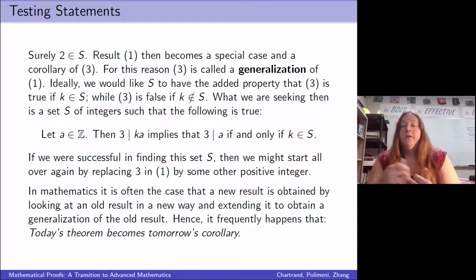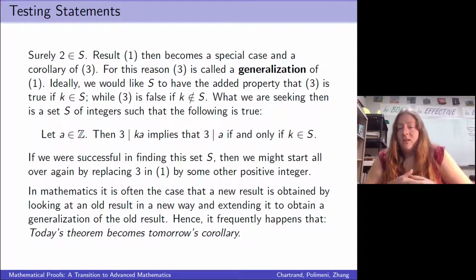And in doing so, what I will have accomplished is a generalization. And it would read something like potentially A is an integer, then 3 divides k times A implies that 3 divides A if and only if k is an element in S. And all of a sudden we have a result that looks fairly different from what we had before.